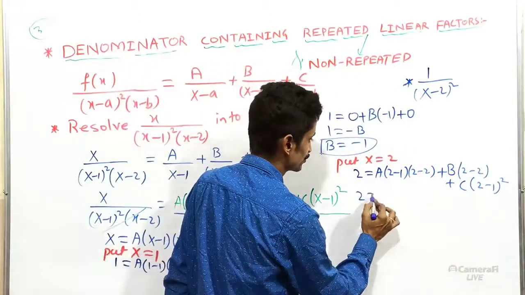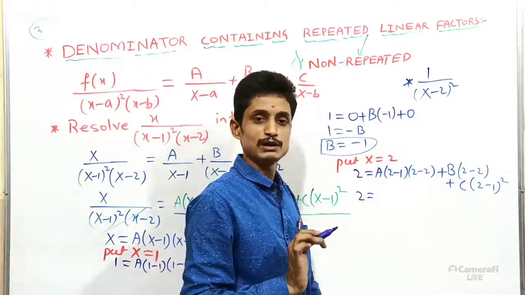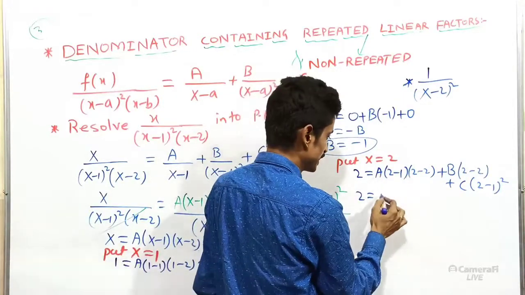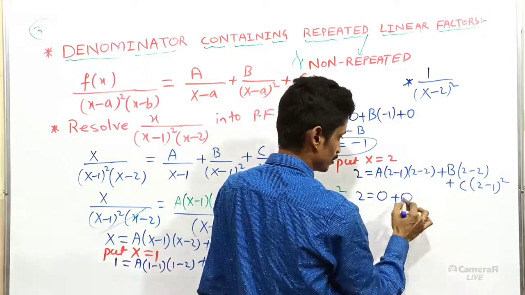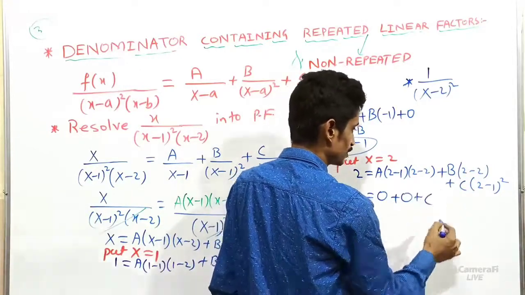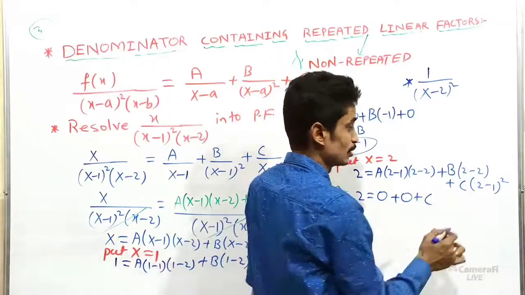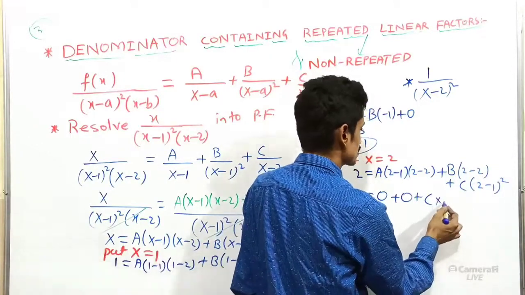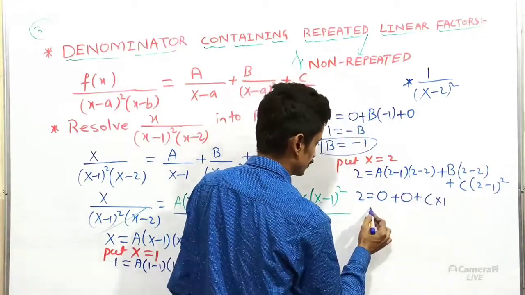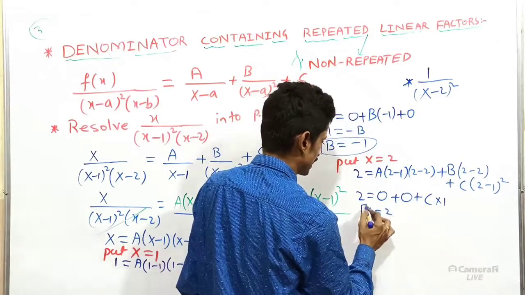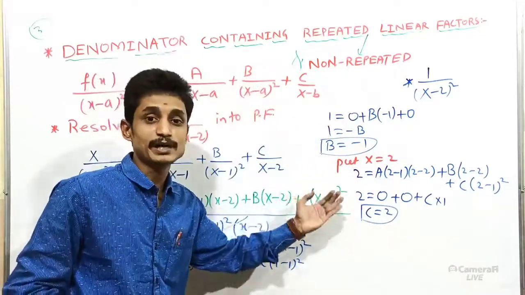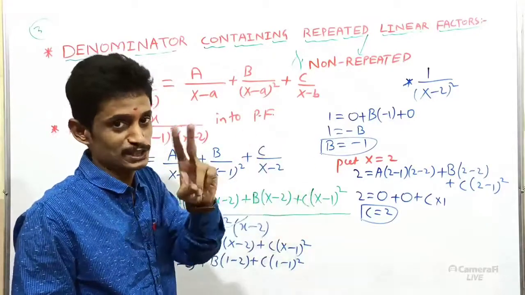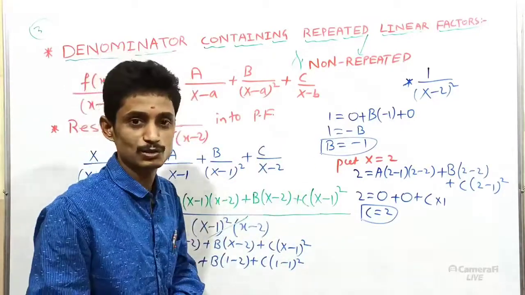Then 2 minus 2 will be 0, and 0 into anything is 0. Then 2 minus 2 is 0, 0 into b is 0. Plus c into 2 minus 1 is 1. 1 square is how much? Just 1. Then what is my c value? I got the c value. These two values were obtained by applying the elimination method, calling it method number 1.